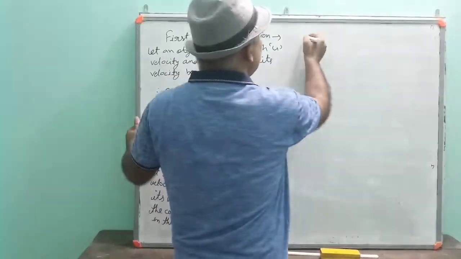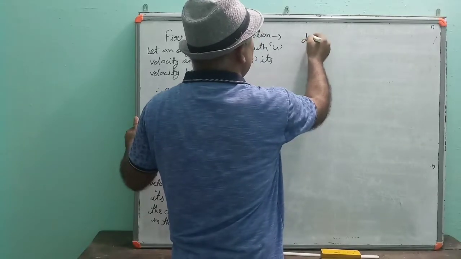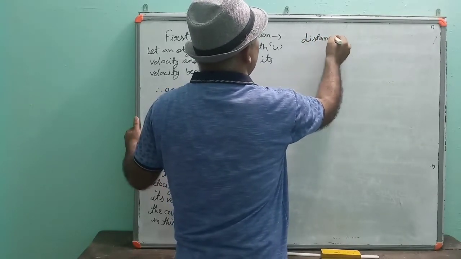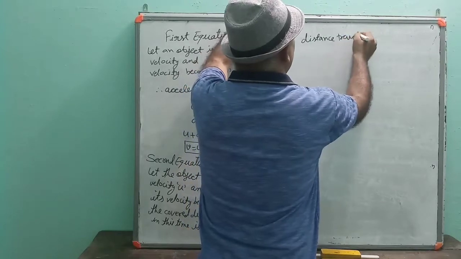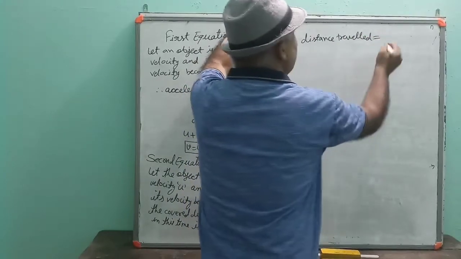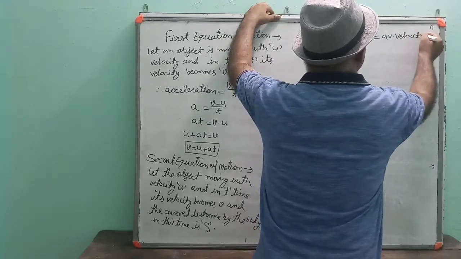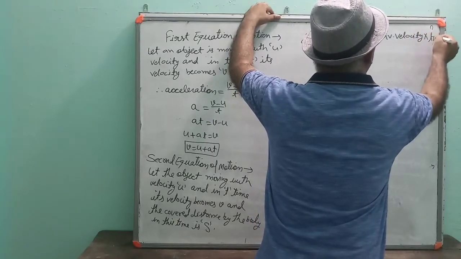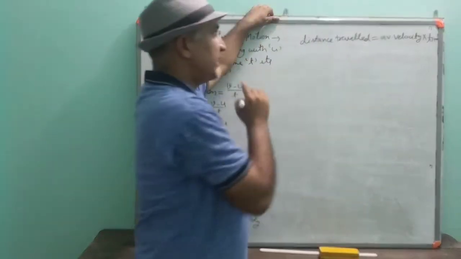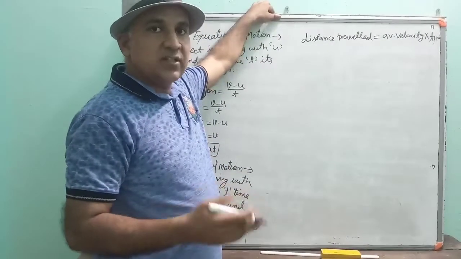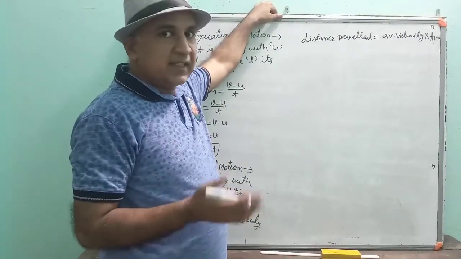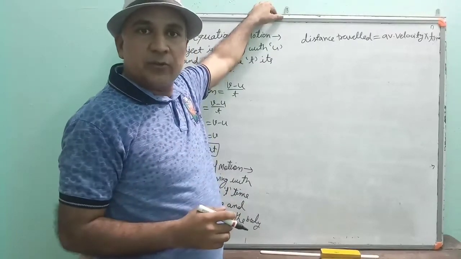So what is the formula for distance traveled? Distance traveled will be equal to average velocity into time. That will be the formula for distance, where distance is equal to speed into time. In case of velocity, distance is equal to velocity into time.